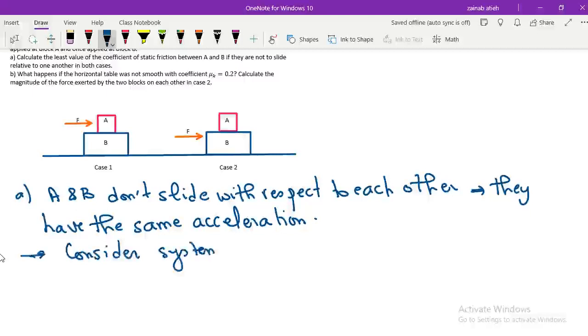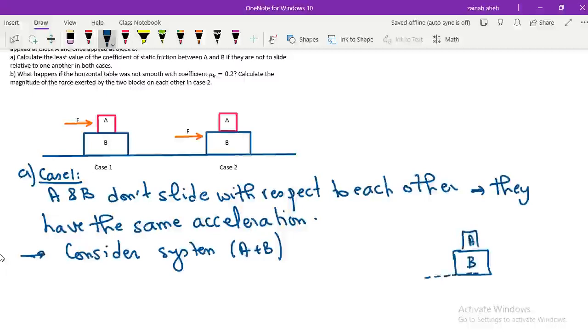I will write here case A because I'm solving case A. So it's case A, case 1, part A. Okay, consider the system A plus B. This is my system. I'm solving case 1. This is A up and B down, and B is lying on the ground. There is no friction between B and the ground.